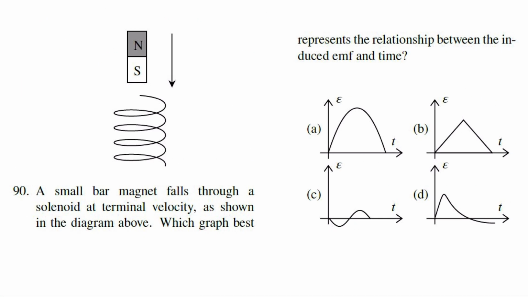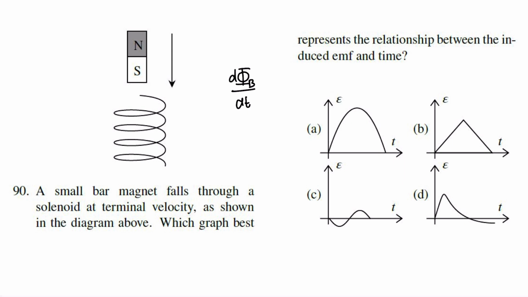And the last question is another electromagnetism question. A small bar magnet falls through a solenoid at terminal velocity. We want to look at the relationship between the induced EMF and time, so basically we're looking at d phi dt versus time.